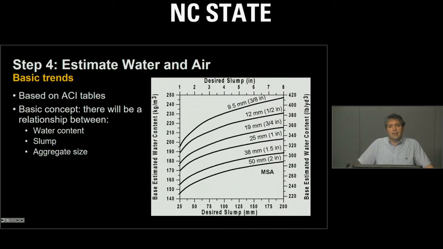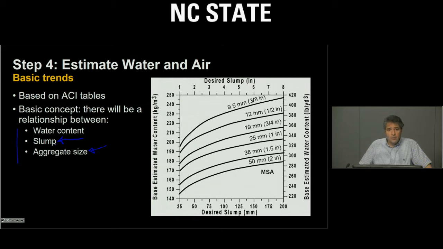Now, the basic idea is that there are basic trends. There are relationships or trends between water content, slump, and aggregate. We already talked about the slump, how to select the slump from a table that is suggested by ACI, and we talked about the aggregate size, how to select your aggregate size based on the application and the dimensions of the form or slab on grade.